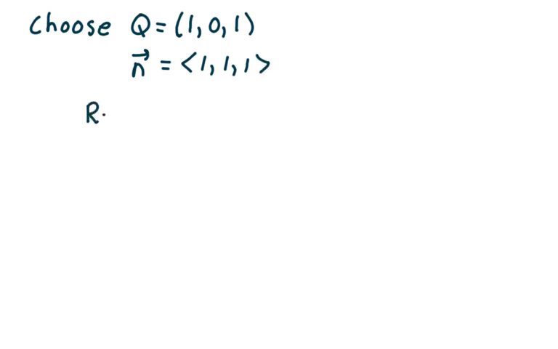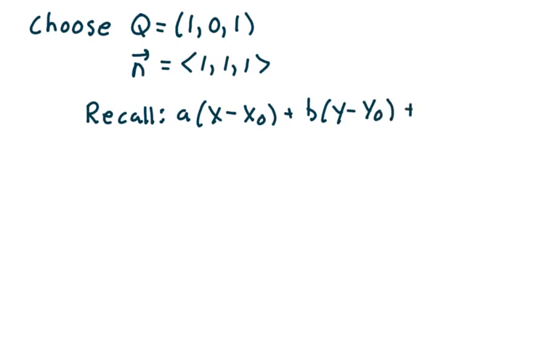And recall, if I take A times (x - x0) plus B times (y - y0) plus C times (z - z0), and set it equal to 0, I should be able to plug all that information in and get the same answer. So remember, A is 1, B is 1, C is 1.